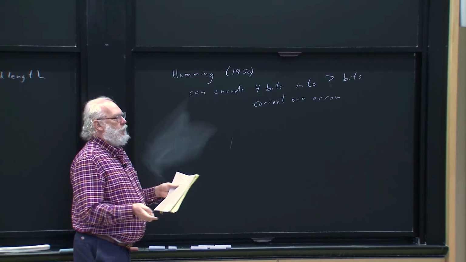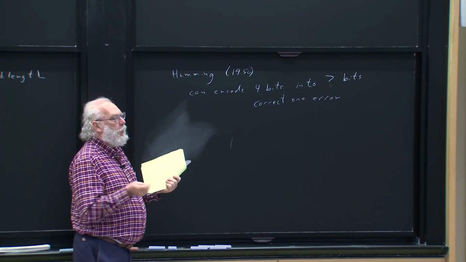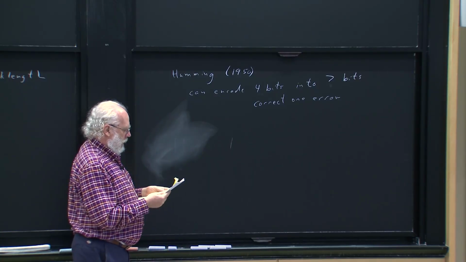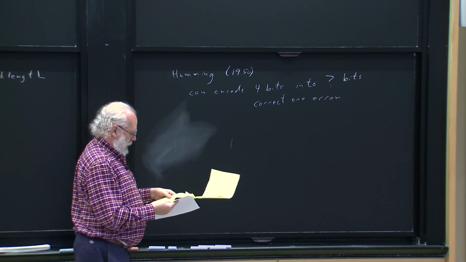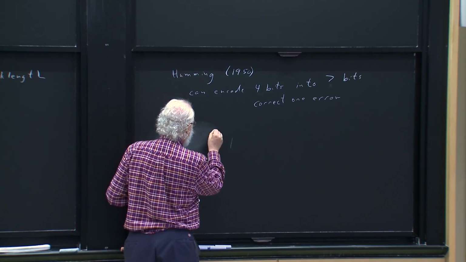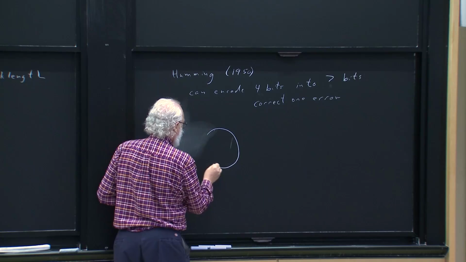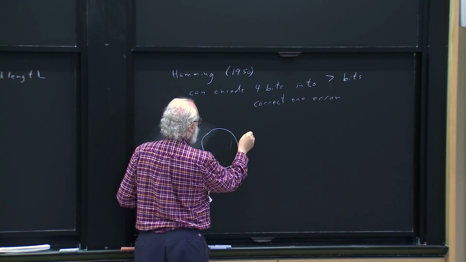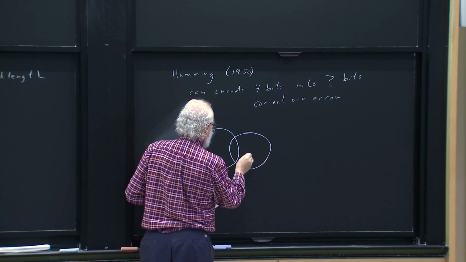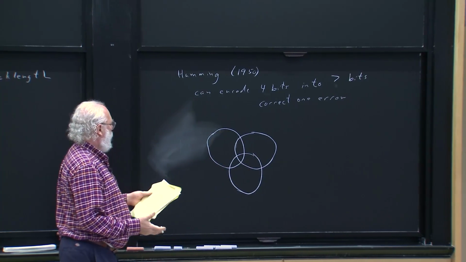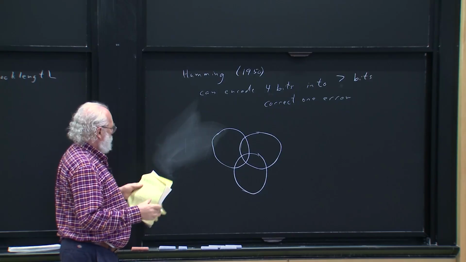So I'm going to give you first a very simple description of the Hamming code, and then a more complicated one. And for the simple description, we're going to start with a Venn diagram with four bits.